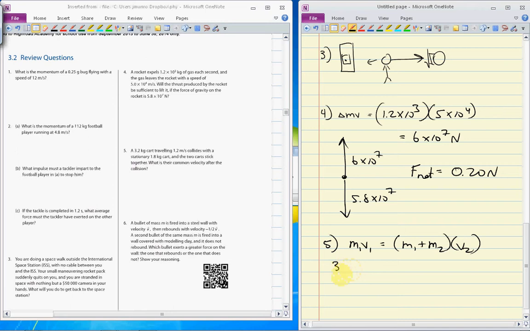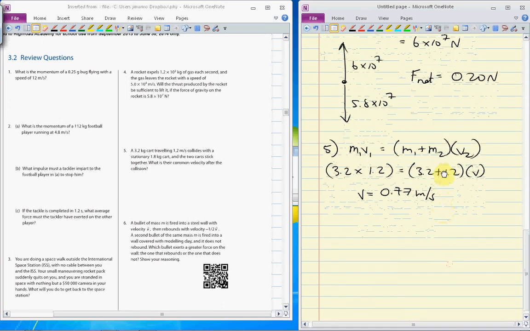So 3.2 times 1.2 equals (3.2 plus 1.2) times v. Rearrangement gives you v is equal to 0.77 meters per second in the forward direction, obviously.